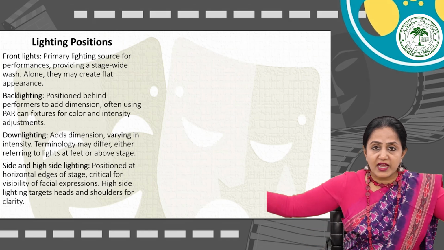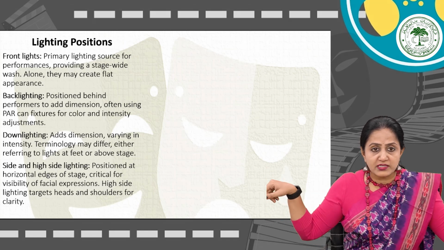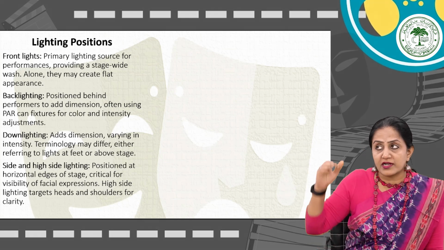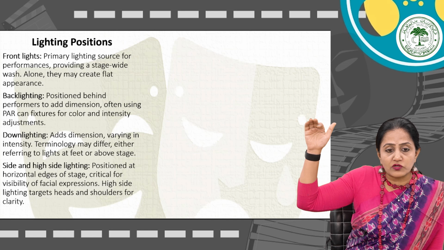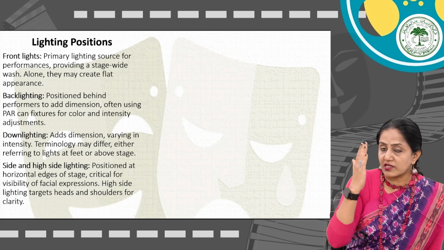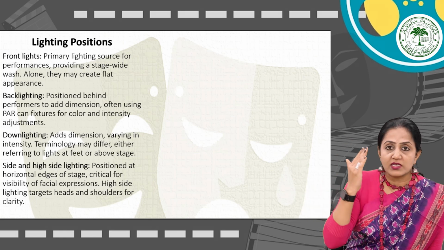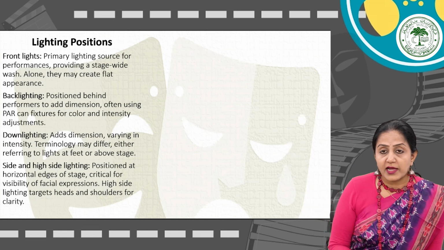And then you have side lighting. You have lights on the sides, and side lighting means positions at the horizontal edges of the stage, critical for visibility of facial expressions, because this light generally falls on the face of the actors.